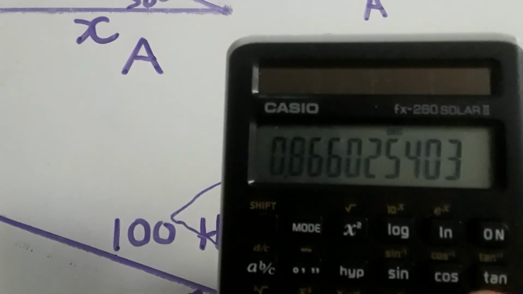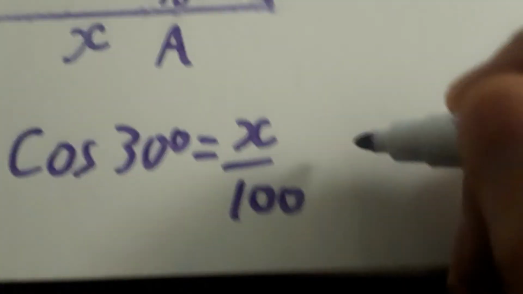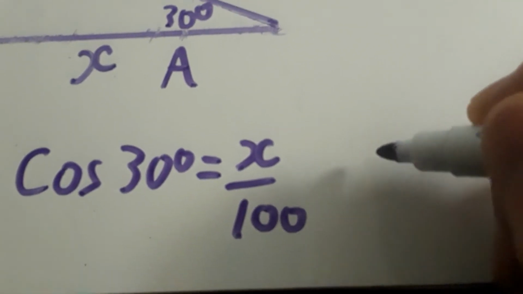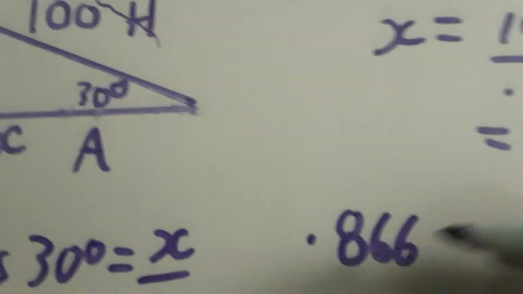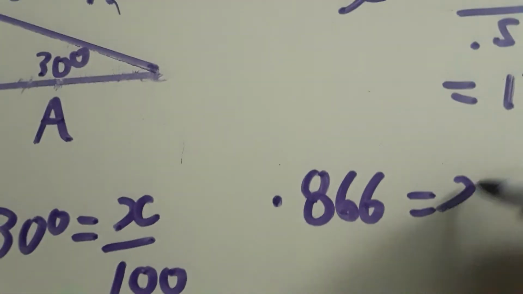You press 30, and then you press cosine, and you get decimal 8660. So this would be one where you could only put 3 digits, and so we end up with decimal 866 equals X over 100.